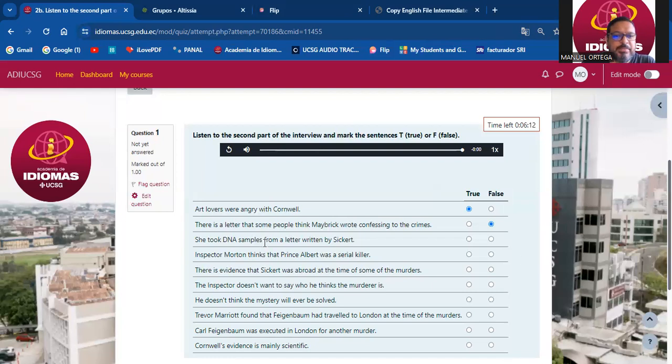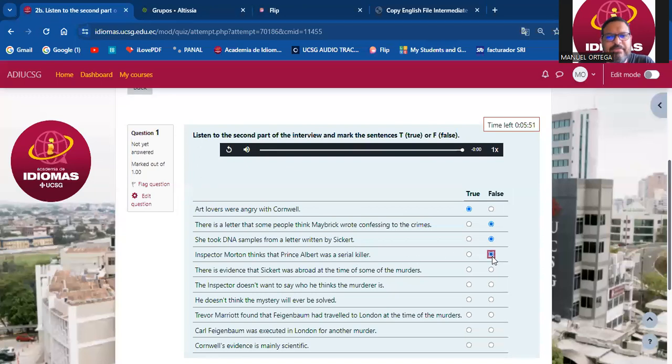She took a DNA sample from a letter. No, she took it from the paintings, from one painting that she bought. Inspector Morton thinks that Prince Albert was a serial killer.